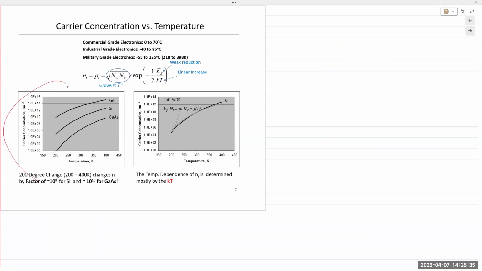So these plots right here are basically showing us the approximate number of carriers that are generated as a function of increasing temperature.